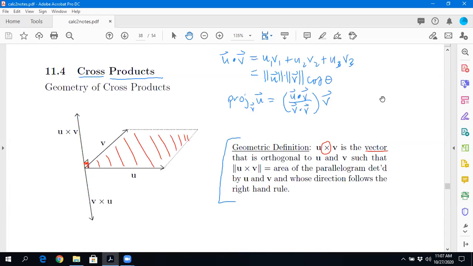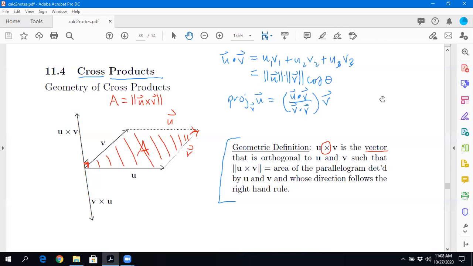So here's a copy of V put up here. Here's a copy of U put right here. And this area right here, the area of this parallelogram determined by the two, right? So A is literally going to be the length of the cross product. It's easy enough to simply say the cross product needs to be a vector that's perpendicular to both U and V, but we also encode information in the length of that vector itself.